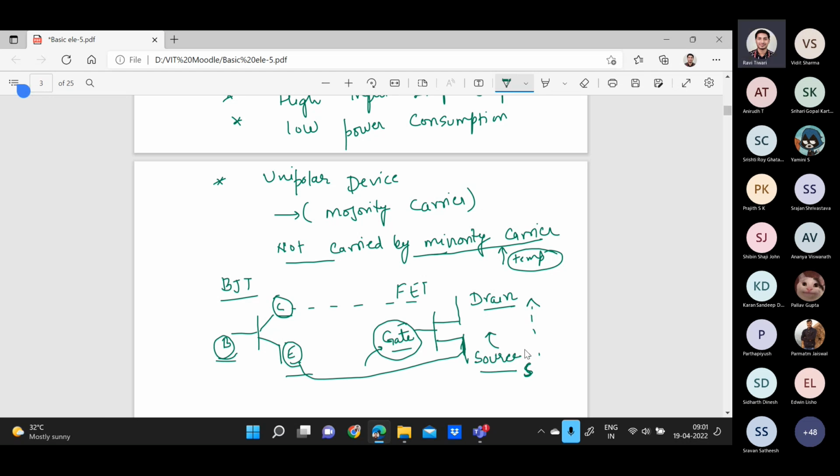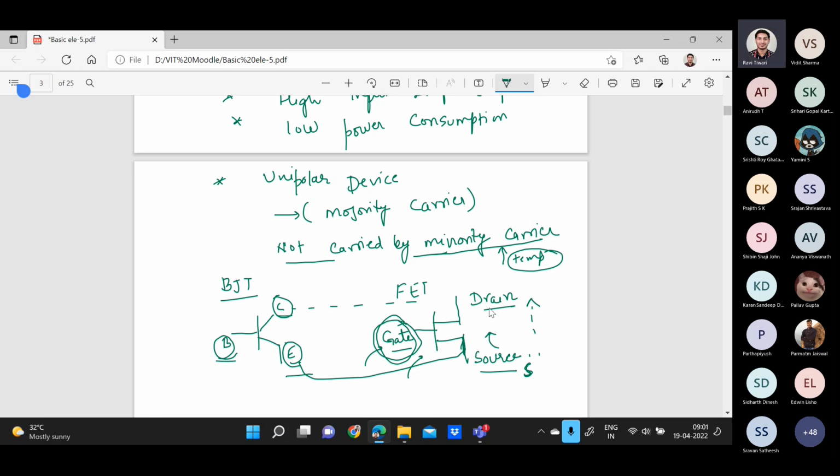The gate terminal plays the key role in the function of FET by controlling the current through the channel. By applying an external voltage at the gate terminal, the current can be controlled. The gate is a combination of two terminals connected internally that are heavily doped, and it is analogous to base.